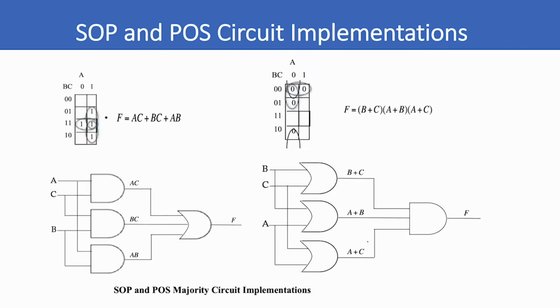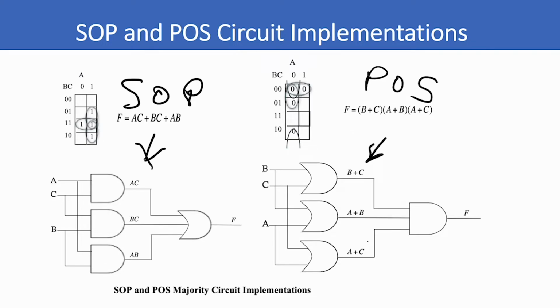Redisplaying these 2 circuit implementations. The first one for the ones, or the SOP form, is this one right here. And then the second circuit for the POS, where we map the zeros, is this circuit right here. You can see that the circuit implementation is different, the gates are different, but the output function, the output value as a function of the input variables, is identical.